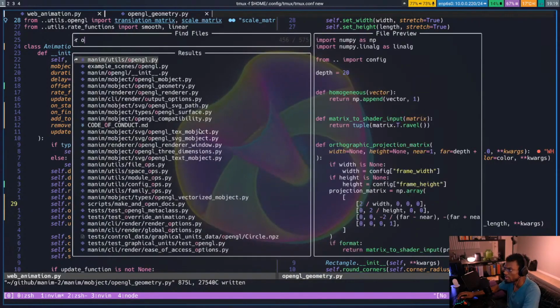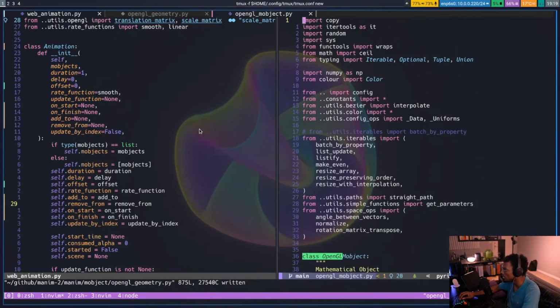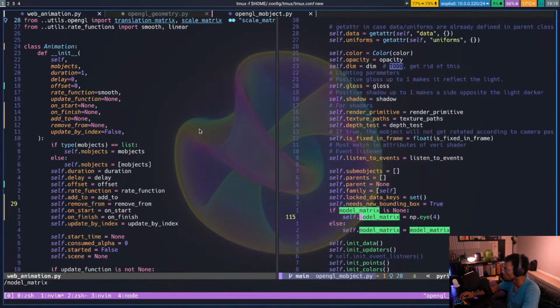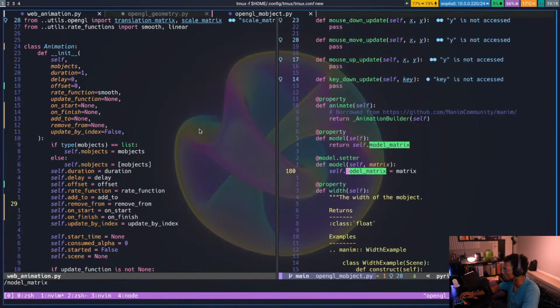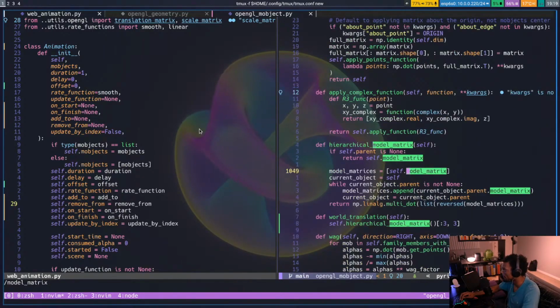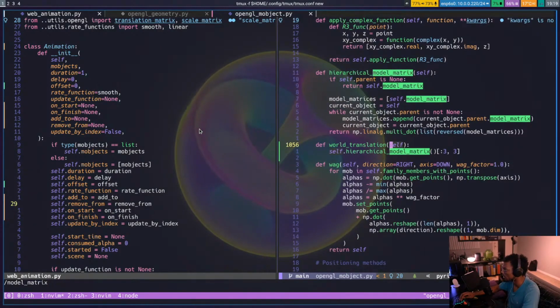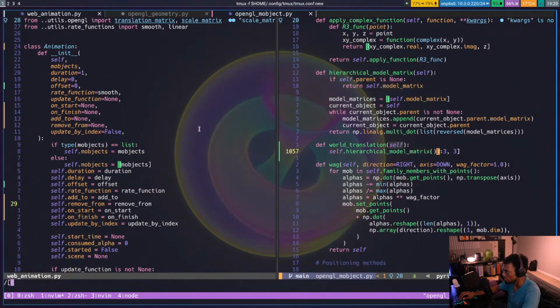This would be something from OpenGL Mobject, if it exists at all. There's the world translation, but not just the local translation.